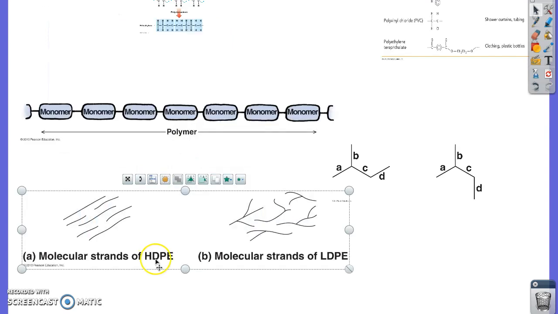Now, plastics have a lot of abbreviations that they use to tell what they are. For example, this is high density polyethylene, HDPE, and then you have low density, LDPE. Because of the differences, the HDPE is very rigid. It has straight strands, but this other one has branching, so it's more flexible.